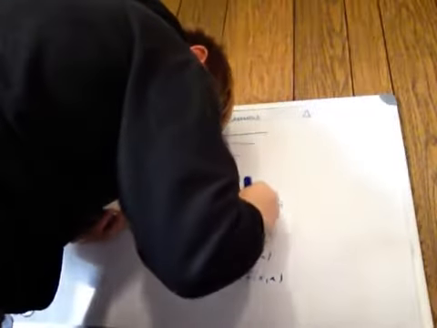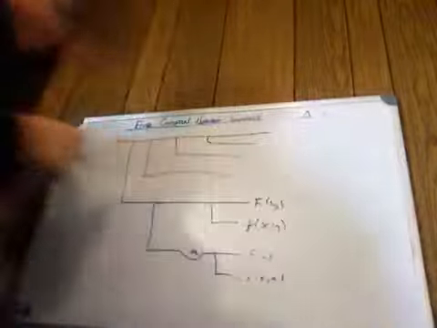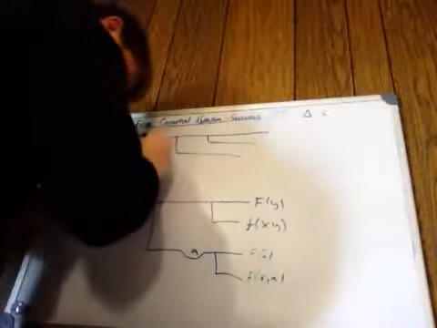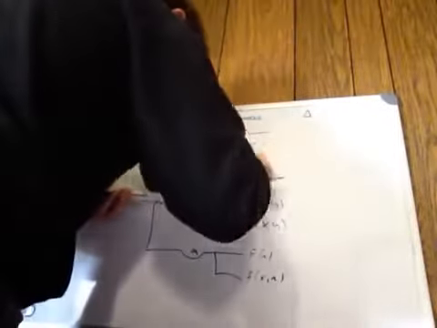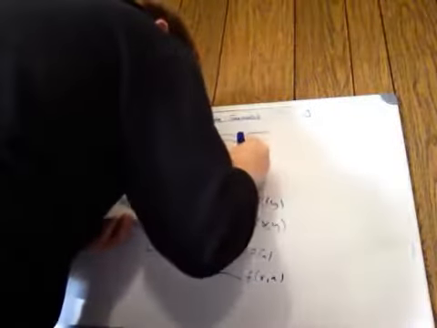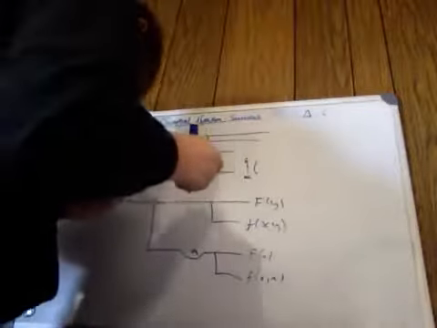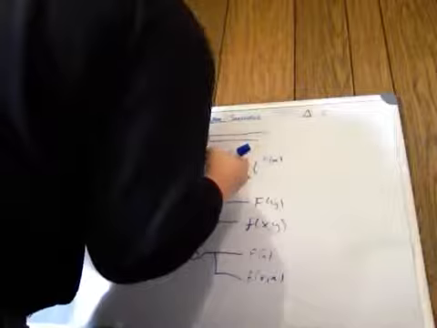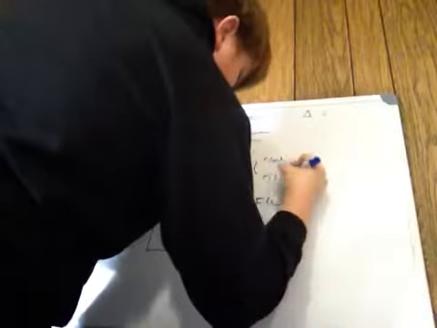F of f of y, f of x, y. And this one, delta to alpha, f of alpha, f of delta alpha.